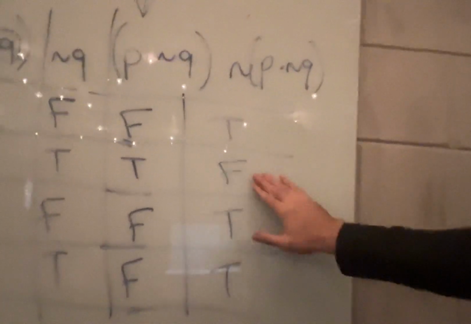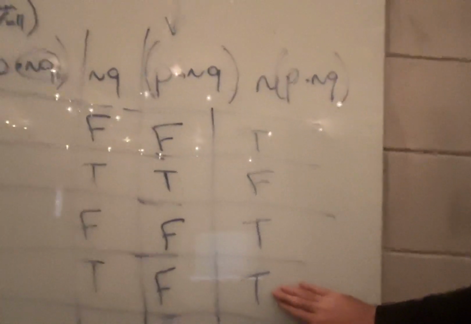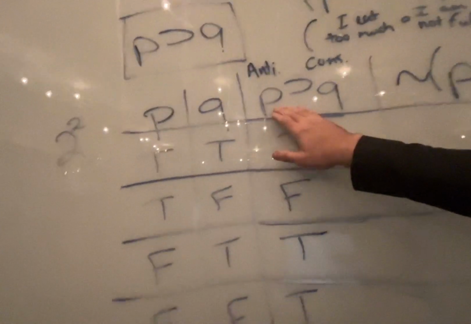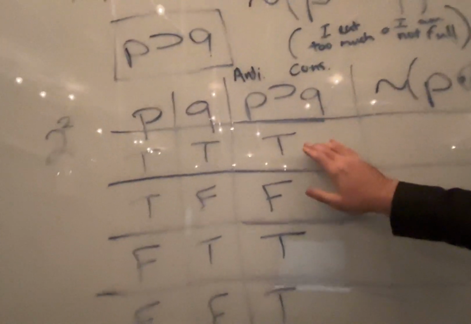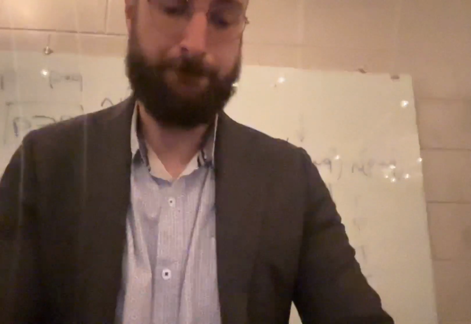That's how I get true, false, true, true. And so I can determine, going all the way back over here, that if P then Q is equal simply to true, false, true, true on this chart.